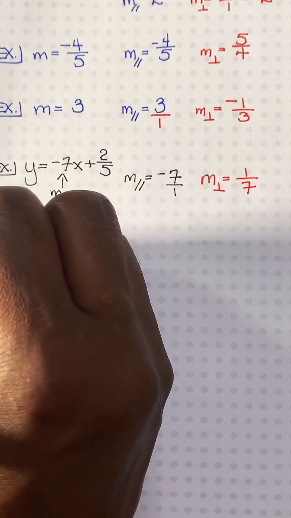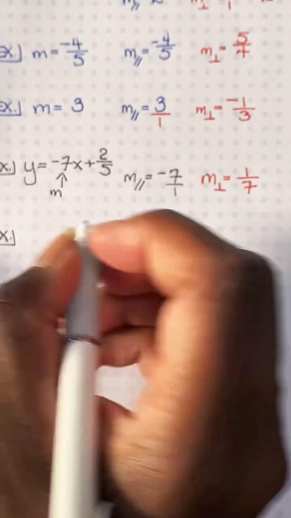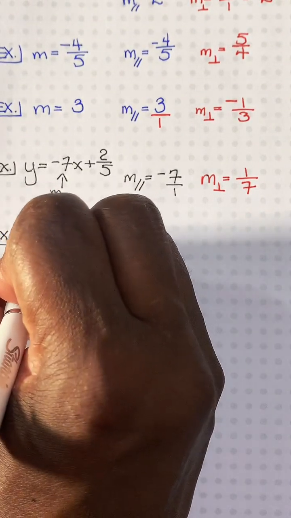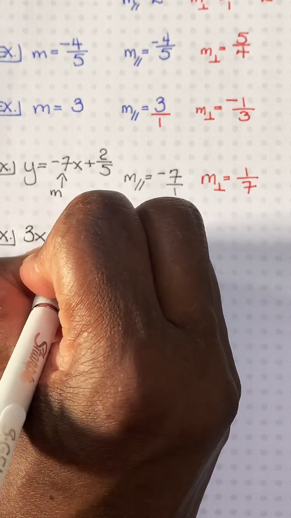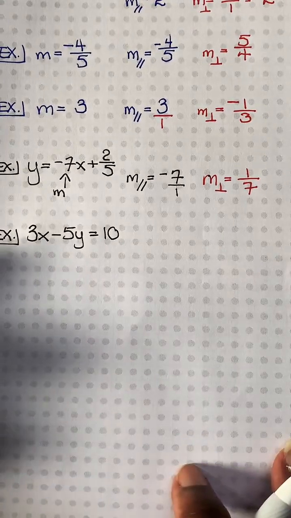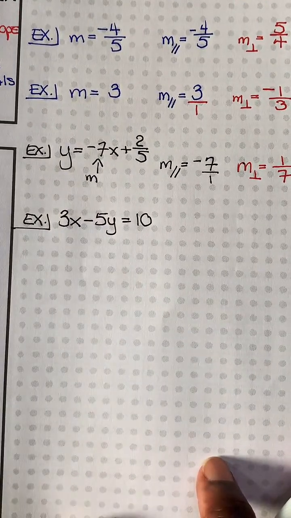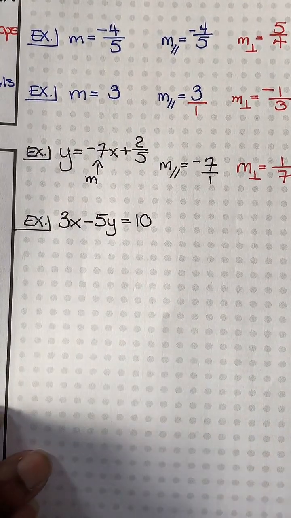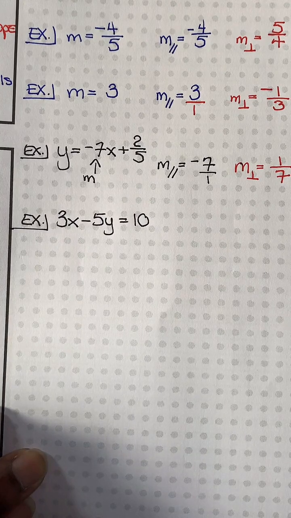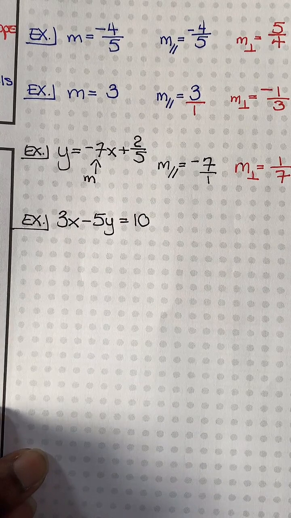If we have 3x minus 5y is equal to 10. Yeah, so it has to be the reciprocal. Yep, you have to do the reciprocal in order for them to meet.